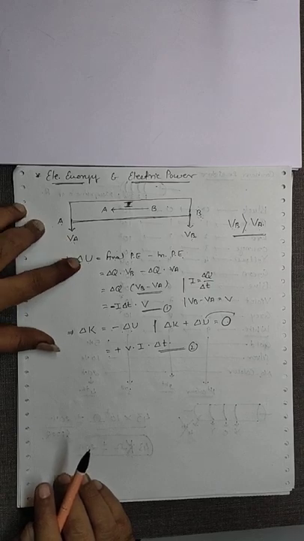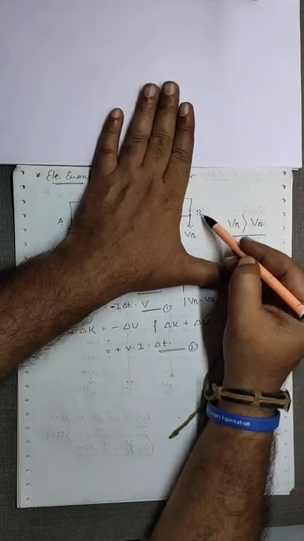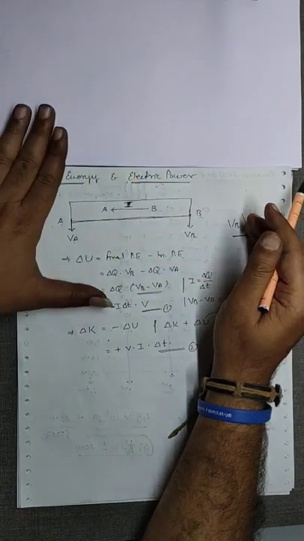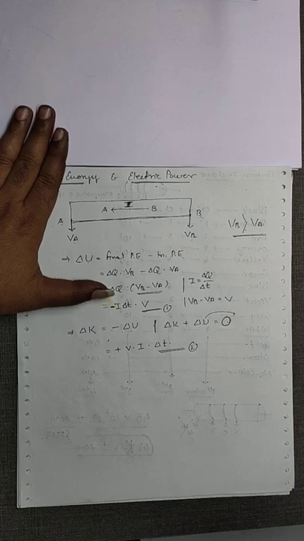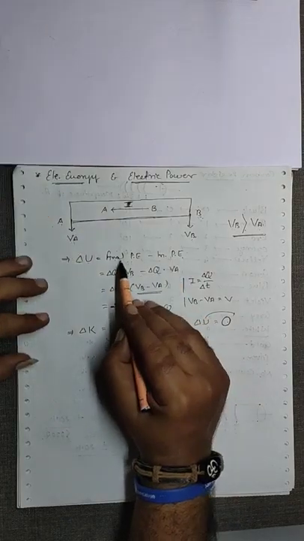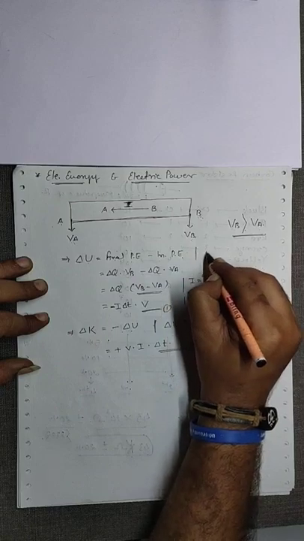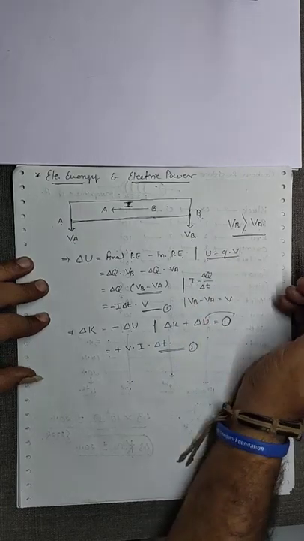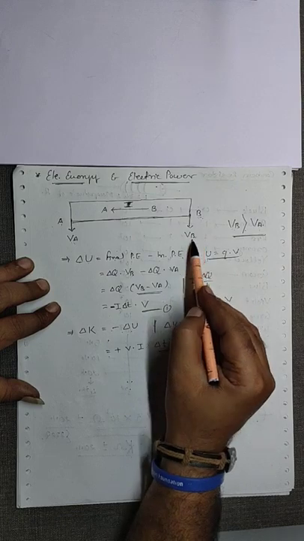What about the potential energy of the charges? Final means you have to take a point which is at a higher potential, minus initial, that is low potential difference. Potential energy has the equation U is equal to Q multiplied by V. So final means you have to take point B, because it is at a higher potential.